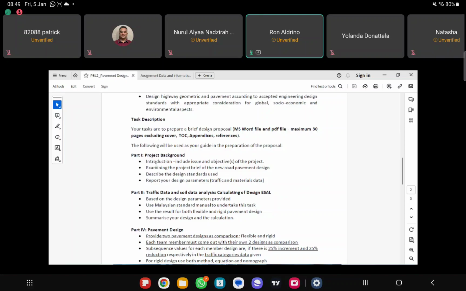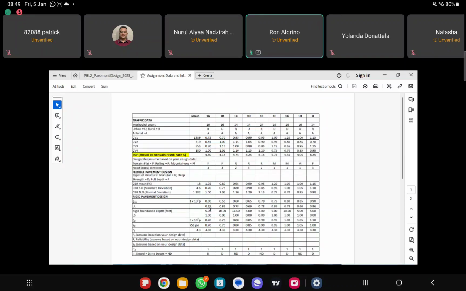First of all, of course, the introduction of your project, including the issues and objectives of the project. So examine the project brief of the new platform road design, describe the designs that it uses, and report your design parameters. This is your design, so you have to come out with your report on that.